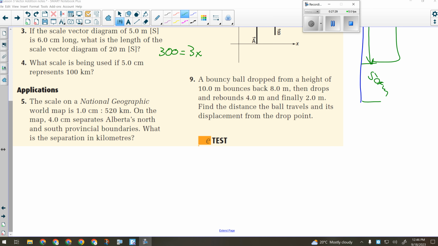Okay, so for this one here, if we're wanting to draw the diagram, we're going to start here because it's dropped, falls 10 meters, and then comes back up 8, then falls back down 8, so we got 10, 8, 8, rebounds 4, so comes up 4, goes down 4, and then comes up 2.